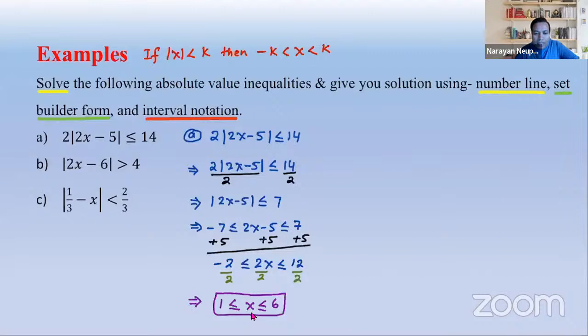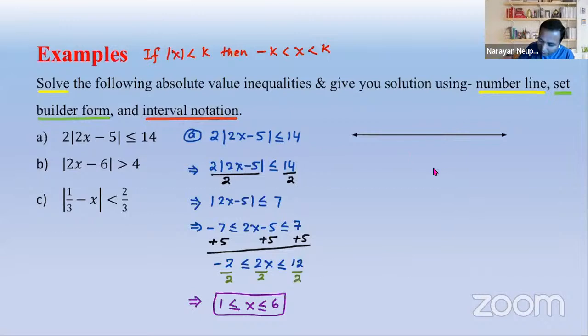Now here you can clearly see x is between negative 1 and 6. So what is the meaning of that? If we draw a number line to represent this value, let's try that. Okay, let's draw the number line. The number line goes from negative infinity to infinity.